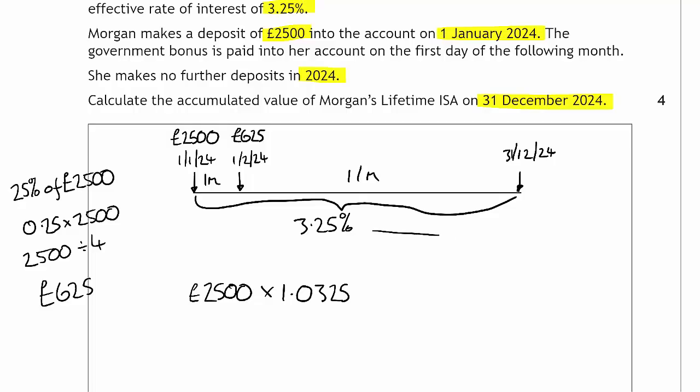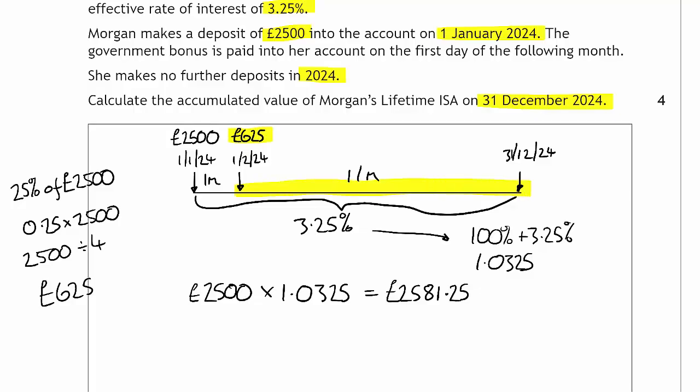Okay, so remember this, you add that onto 100%, and then you divide it by 100, and that gives you your multiplier. Now that's for the whole year, so that's to the power of 1 essentially, and what you should get when you put that in your calculator is £2,581.25.